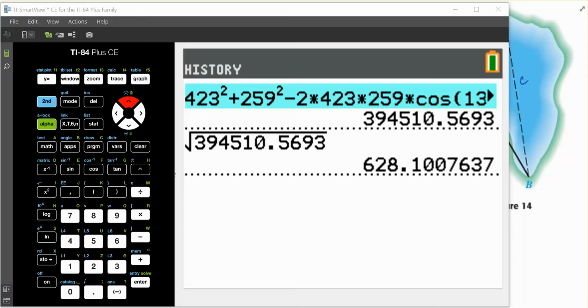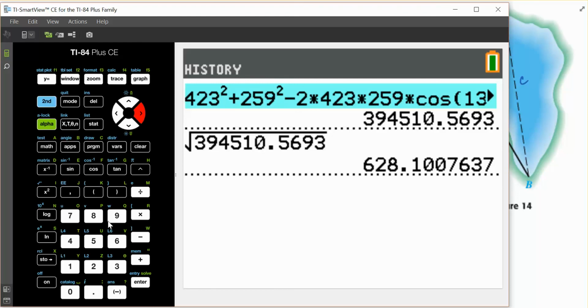I pulled up my calculator, and you have many ways that you can put this into it. Since I was solving for everything on the same side of the equal sign, I just put the whole thing into my calculator. You can see highlighted in blue that I have a squared plus b squared minus 2 times a times b times the cosine of the angle 132 degrees 40 minutes.